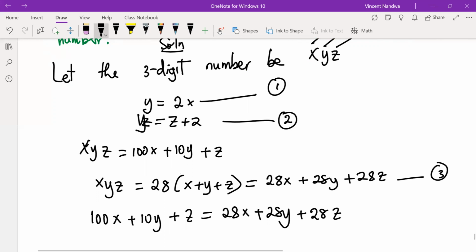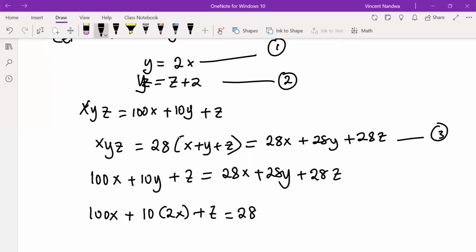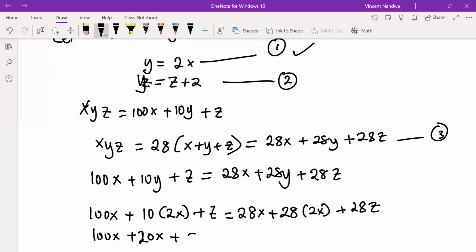So which means then we have 100x plus 10, why this y we put 2x, this from equation 1, plus z equals 28x plus 28, why this y we put 2x, plus 28z. I'm replacing the value of y by 2x as given in the first equation. So I'll have 100x plus 20x plus z equals 28x plus 56x plus 28z.